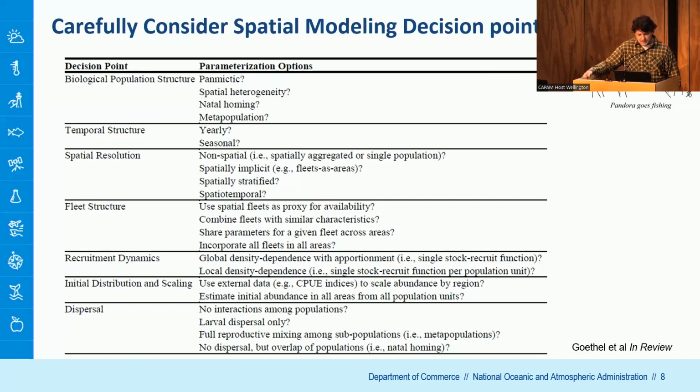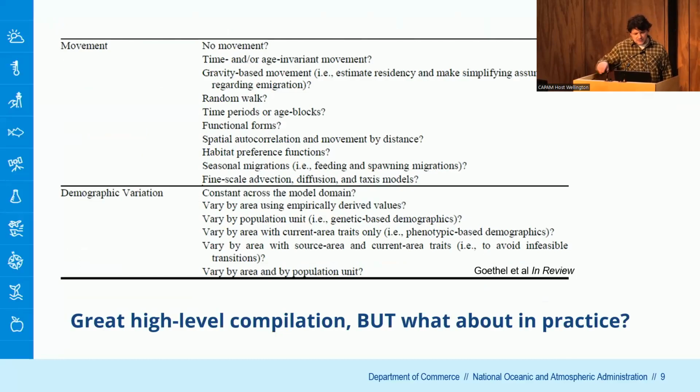Recruitment dynamics, initial distributions and scaling among regions, dispersal, all the different life stages. Of course, movement is always a big one, and the multiple ways in which that can manifest.